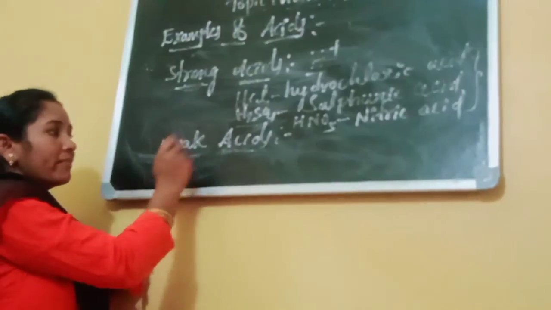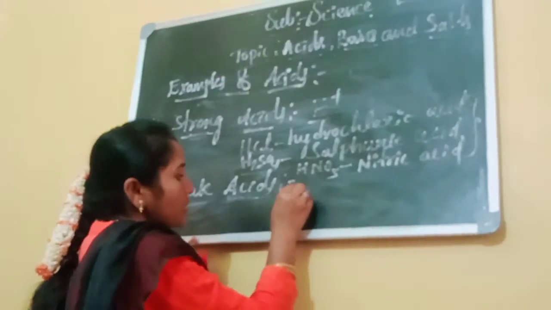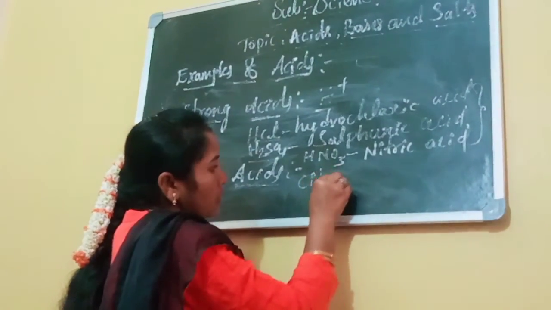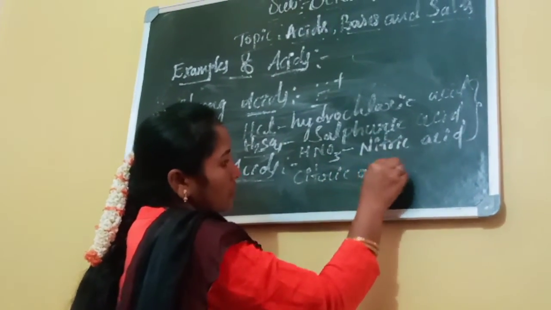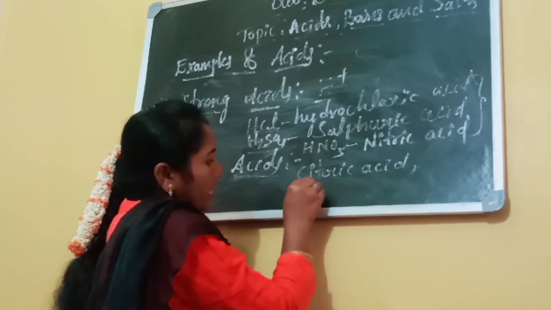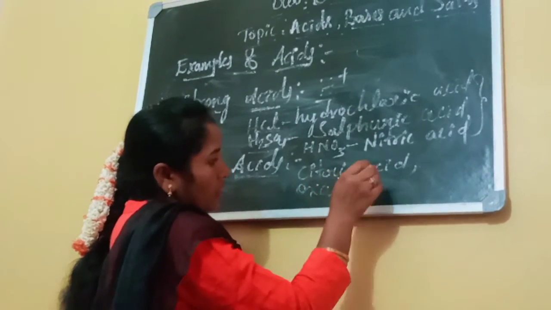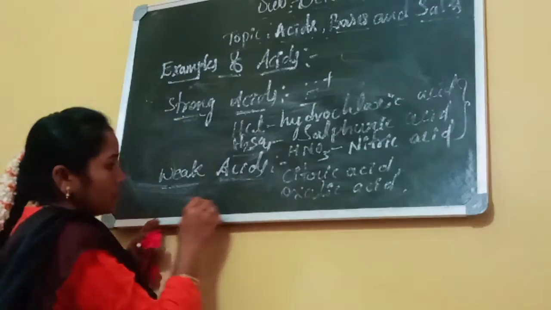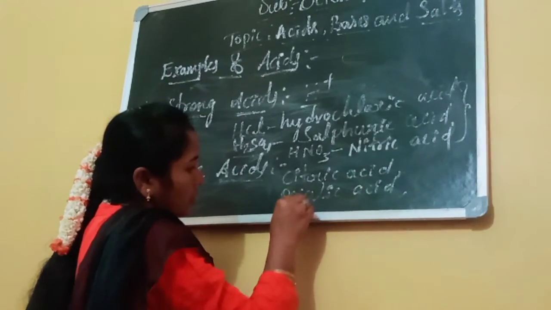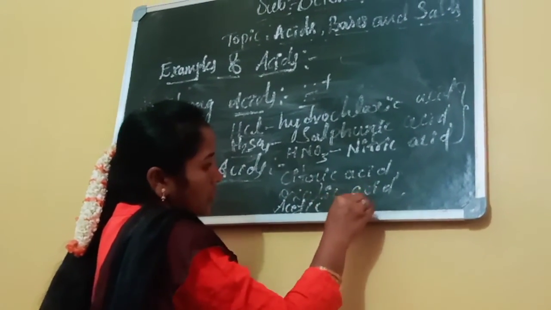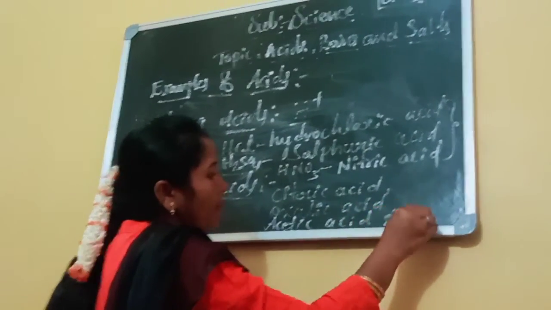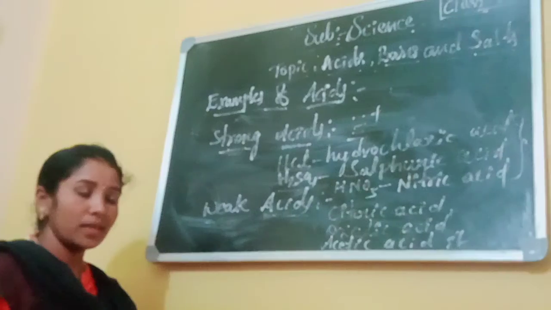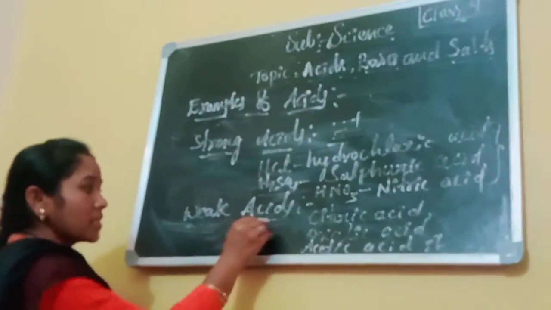Examples: citric acid, oxalic acid and acetic acid. These are some examples of weak acids.